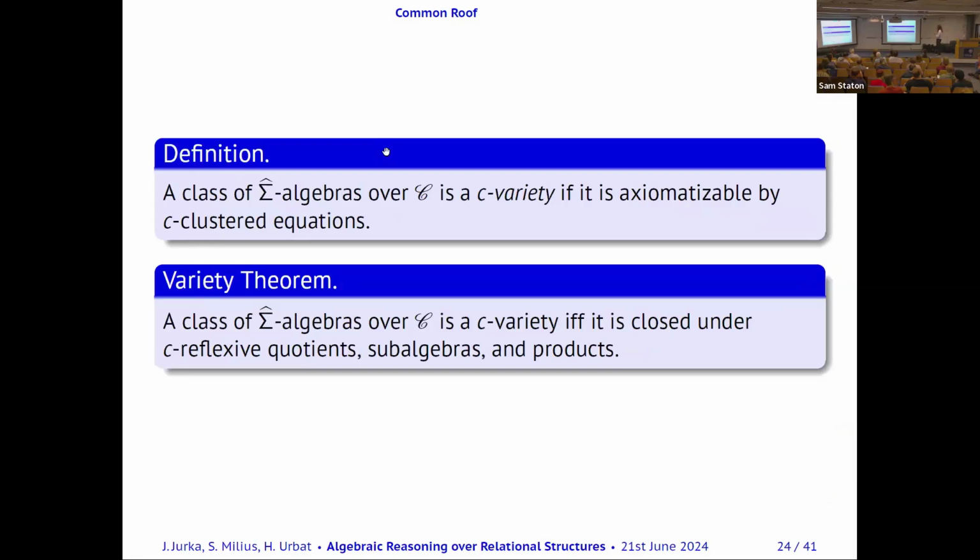So just some terminology: a C-variety is a class of algebras for lifted signatures over C that is axiomatizable by some C-clustered equations. And then we obtained this variety theorem that a class of such algebras is a C-variety if and only if it is closed under C-reflexive quotients.